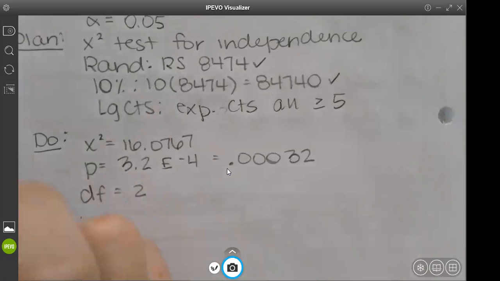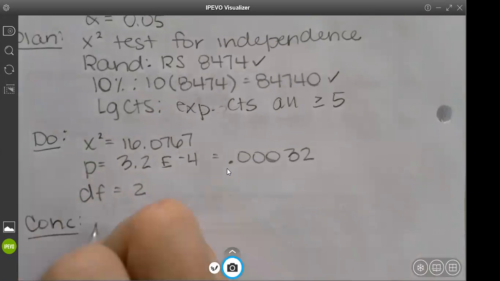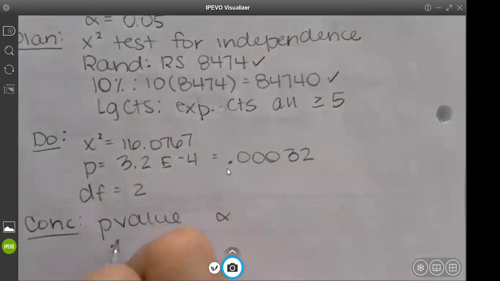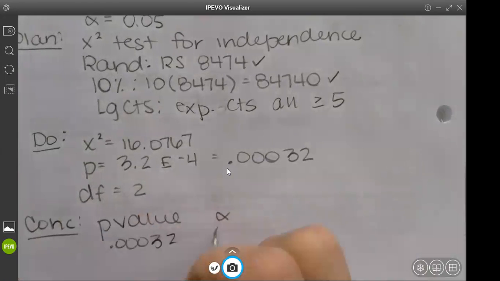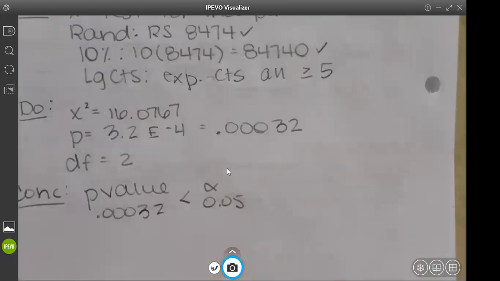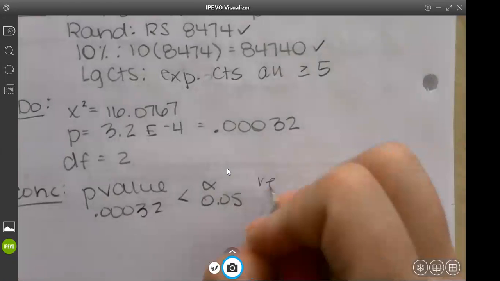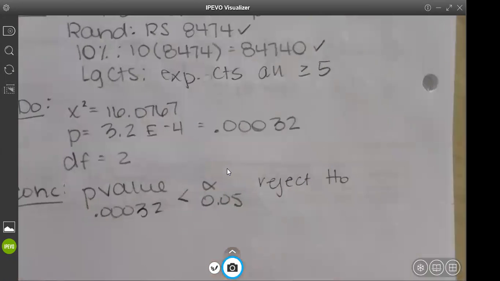And then we want to conclude with our p-value versus our alpha, so 0.0032 versus 0.05. And we know that 0.05 is greater than, so we reject our null hypothesis.